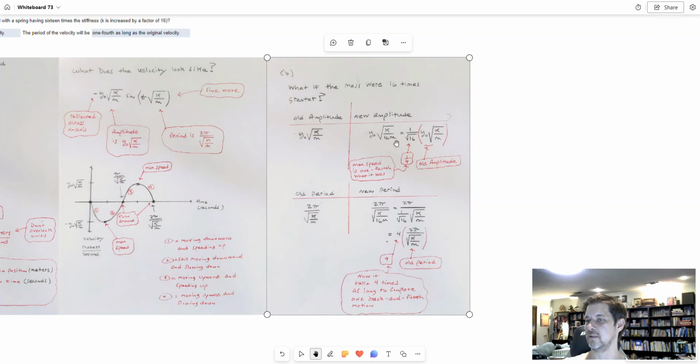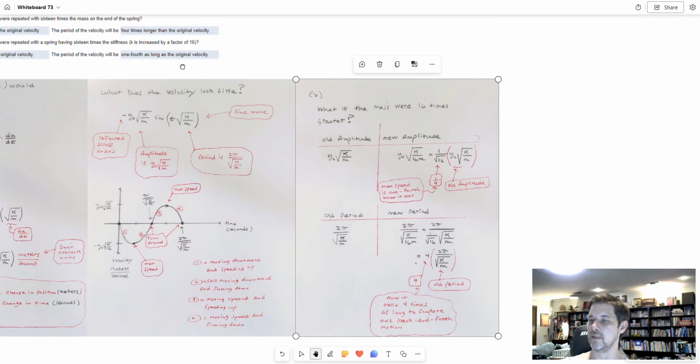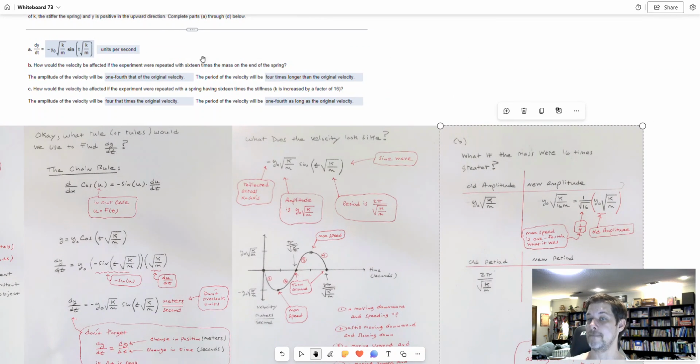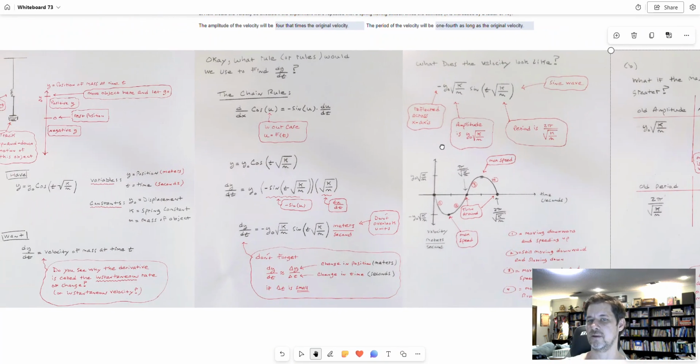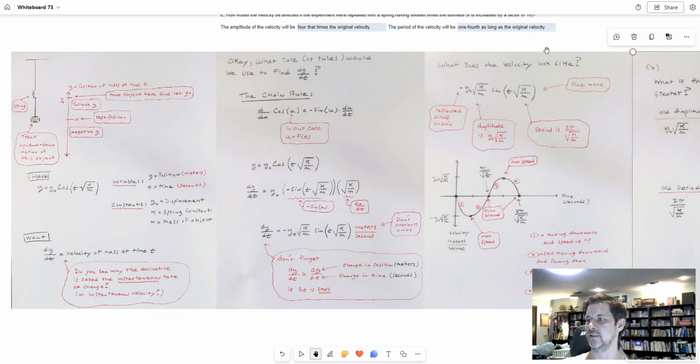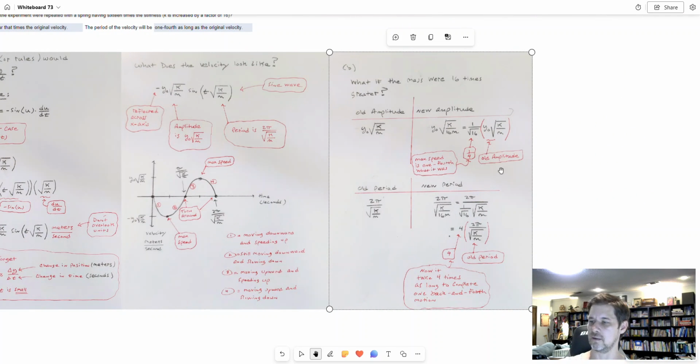The new one is 1/4 of the old one. So now I've got my statement: if that mass is 16 times as big, that would reduce the amplitude. The new amplitude will be 1/4 of the original. I guess I can see that if I put a heavier mass on there, it might not oscillate quite as far in either direction. That's what it says.